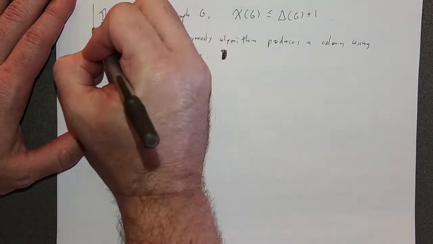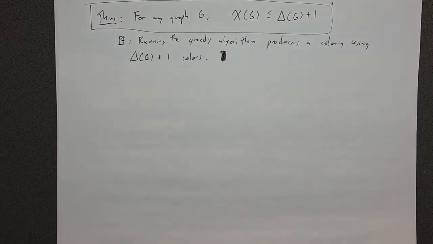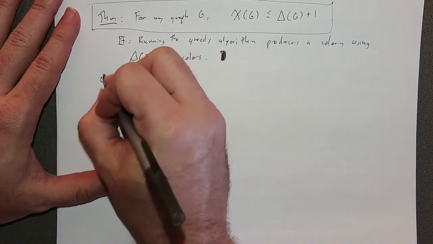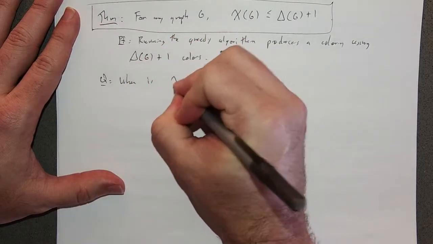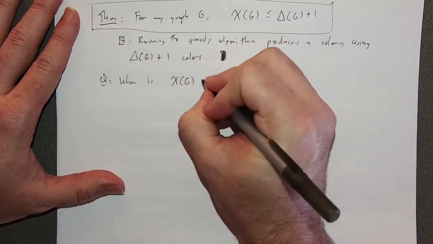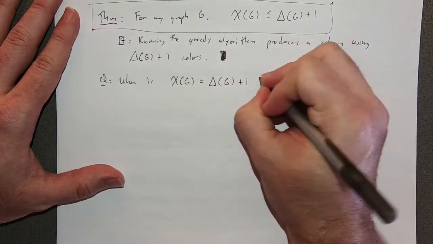Okay, so this is useful as another bound. Right? So the question is, when do we get sharpness here? When is the chromatic number of G equal to the maximum degree of G plus 1?